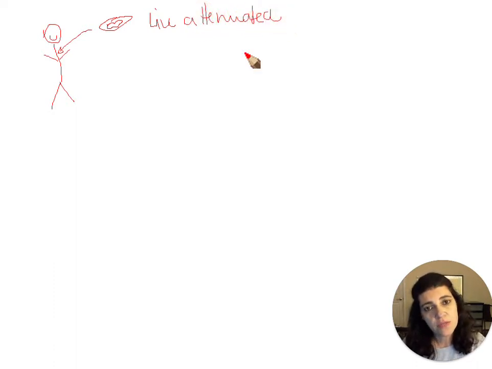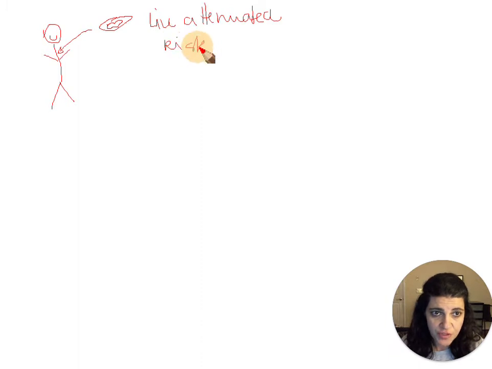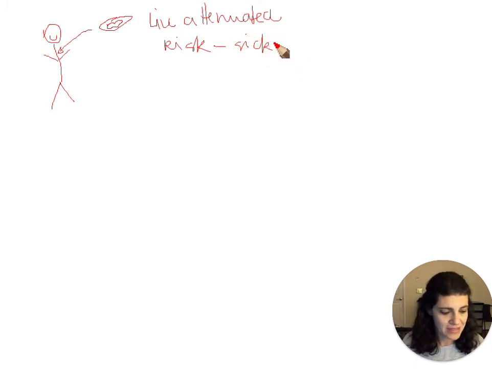So if the microbe is not dead, what can happen to your body? Reactions. So there is risk involved, right? Reaction meaning you can get sick. If your immune system is weak, then bigger chance of you getting sick, okay? So that's one problem. What's another problem?